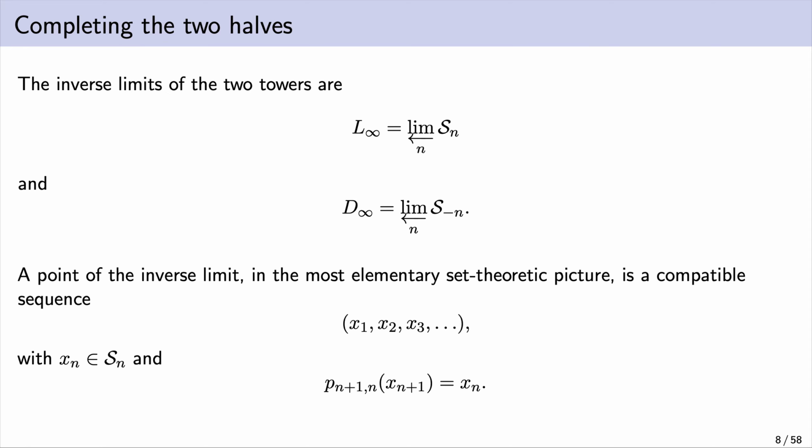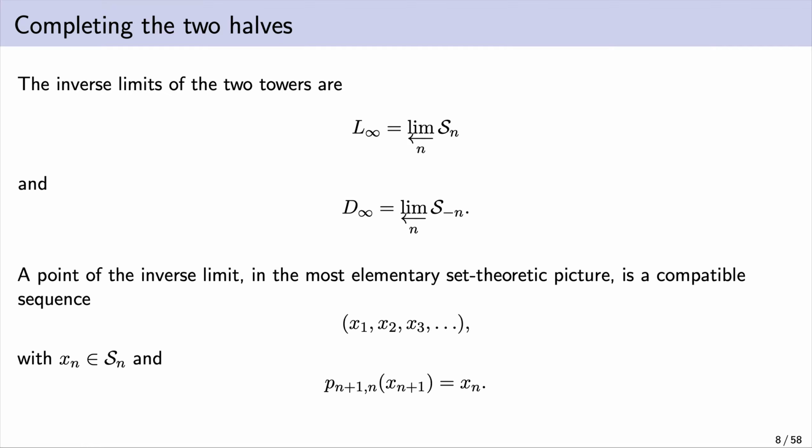Now we're going to complete the two halves. So the inverse limits of the two towers are like so, and we denote that to be L or light, the light tower or light geometry. That's going to be L infinity, and D infinity is the corresponding dark inverse limit, or the inverse limit of the negative n seeds.